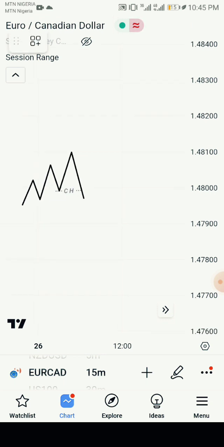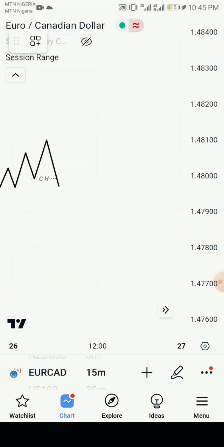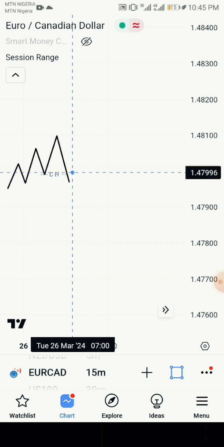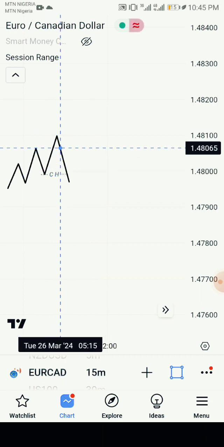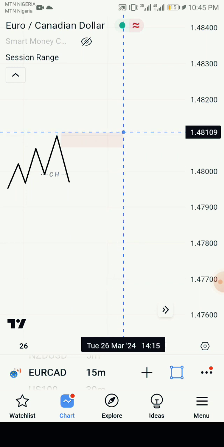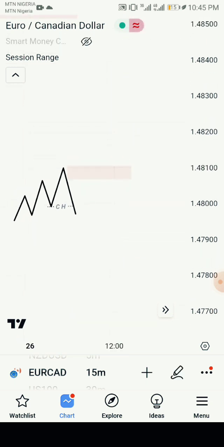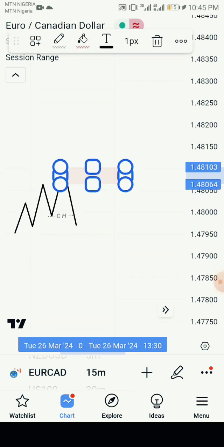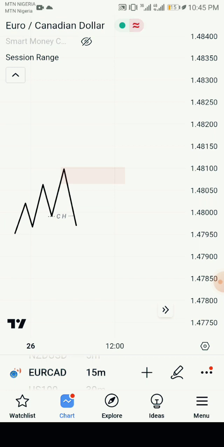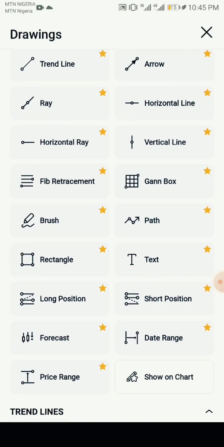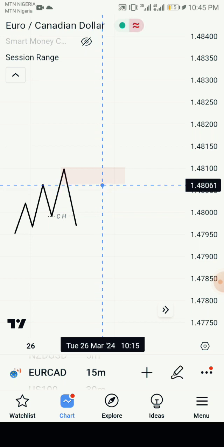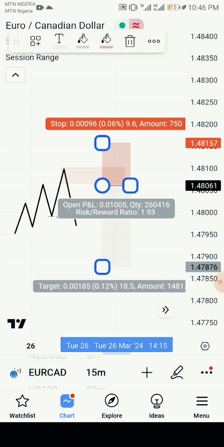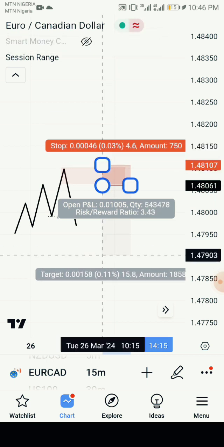Change of character, right? Now, if price changes character, normally in SMC, what we look out for is an order block for price to come back to, and then we get our entries to go short, right? And target maybe a 1 to 3.